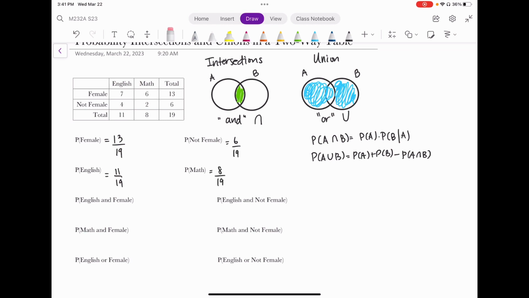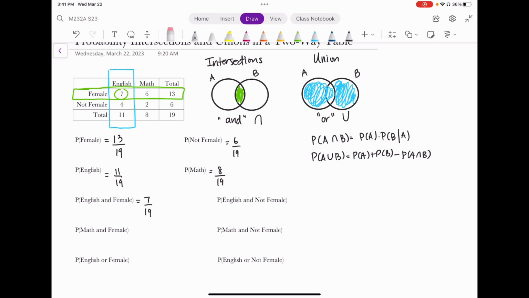And preferring English and being a female is going to be found kind of like Battleship, where you find the row and the column meet. So preferring English and being a female, there are 7 of those, 7 people out of 19 total.